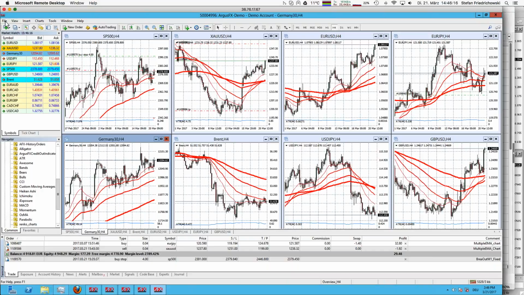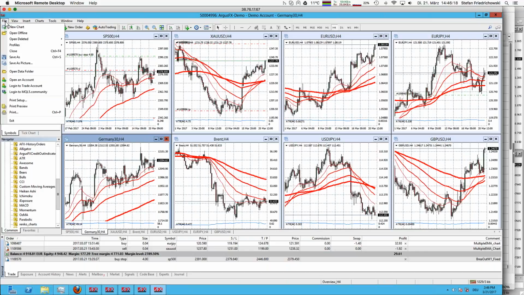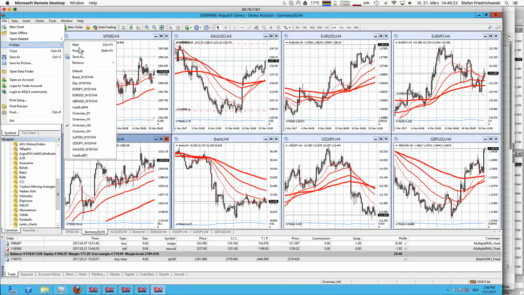So therefore we are through with the setup, and now we go for a new profile I have prepared, but you will see it looks exactly the same as the previous one.